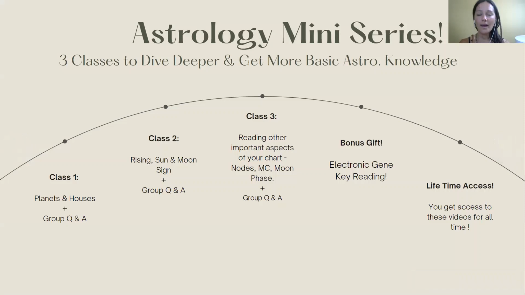And so I am so excited because I'm offering a 3-part series where we'll learn more about these concepts. Class 1 will be on the planets and the houses, and probably should be on the zodiac signs too.